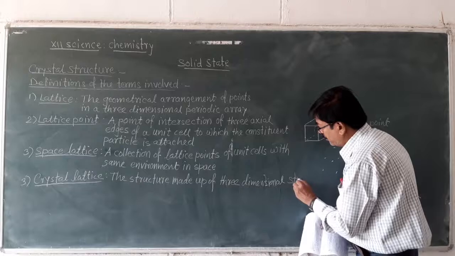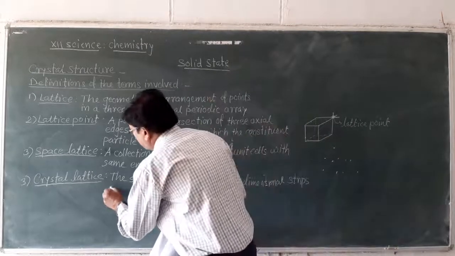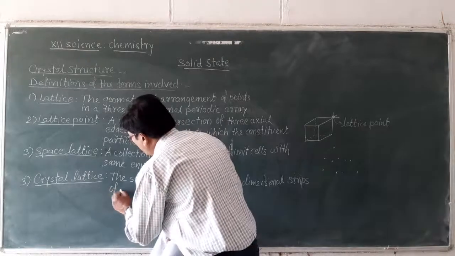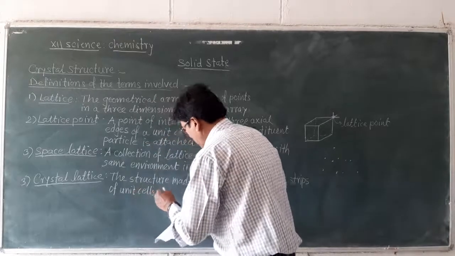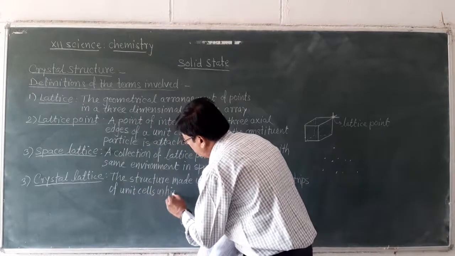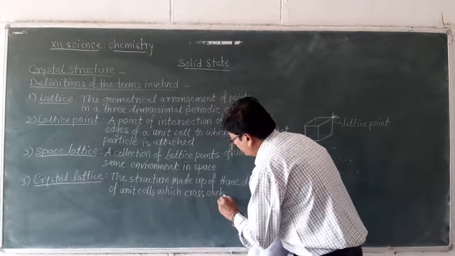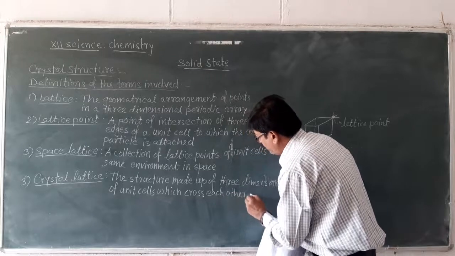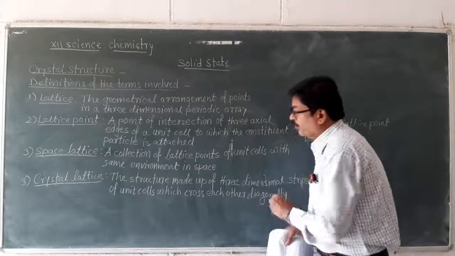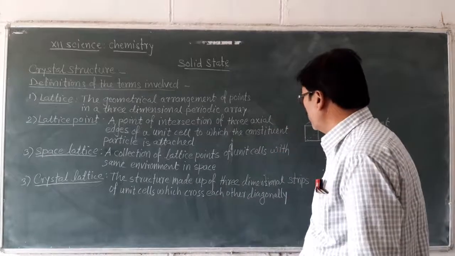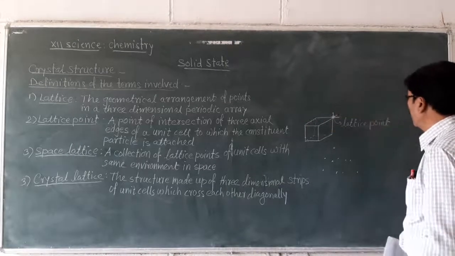The structure made up of three-dimensional strips of unit cells which cross each other diagonally.